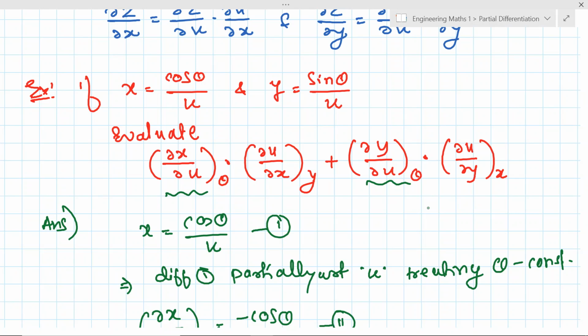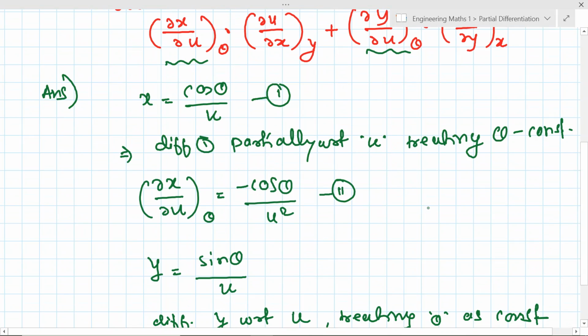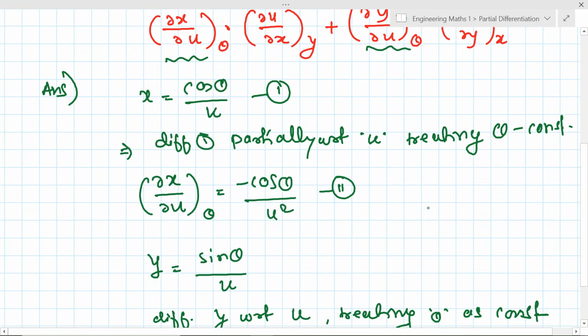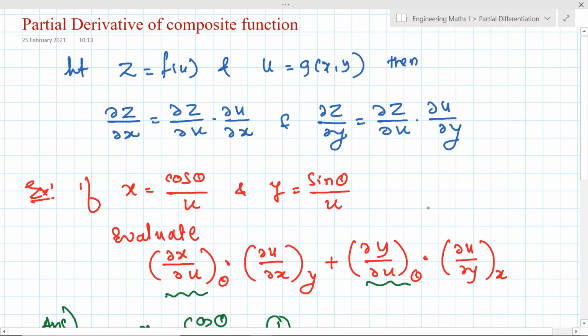Now the remaining things. To find out the remaining things, we need to do some manipulation. So we just remove the theta. Okay, see, while finding the partial derivative of u with respect to x treating y constant, we need only these three terms in the expression. Which three terms? u, x and y. We don't need theta. So just try to remove the theta.